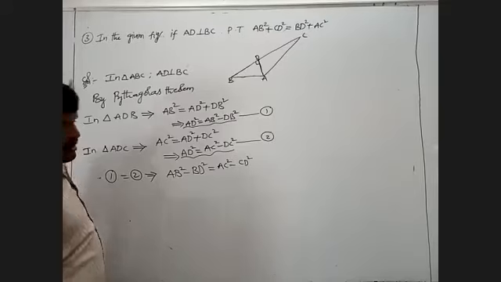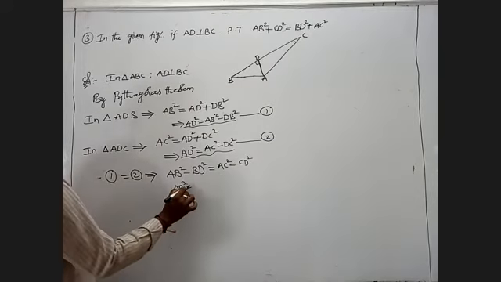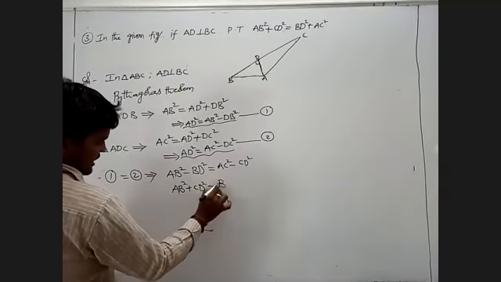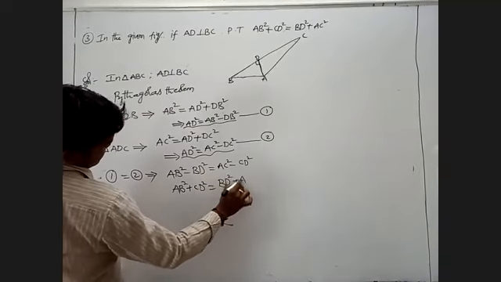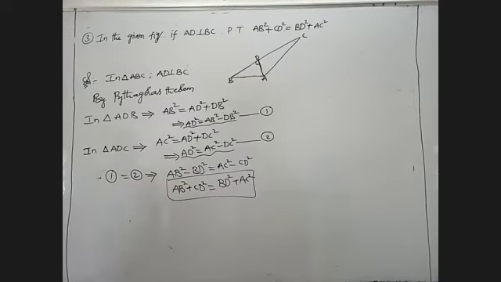Moving the minus value to the other side, AB square plus CD square is nothing but BD square plus AC square. This is the proof of the given theorem that is asked in this problem.